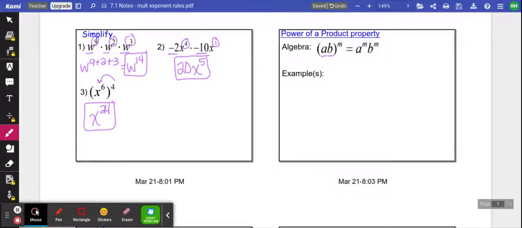And all that means is we're going to distribute to everything on the inside. So instead of doing it just to one term, we're going to do it to multiple, or however many are in there. So this becomes a to the m, b to the m. So this one again means distribute to all terms inside parentheses.